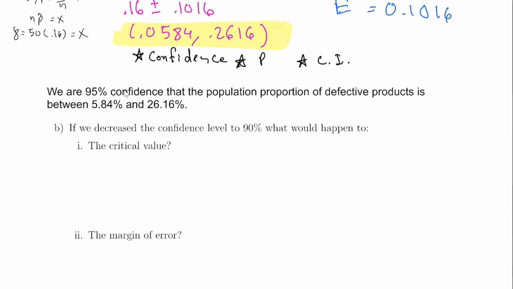So we are 95% confident that the population proportion of defective product is between 5.84% and 26.16%. And that's it for A. Any question in regard to A?